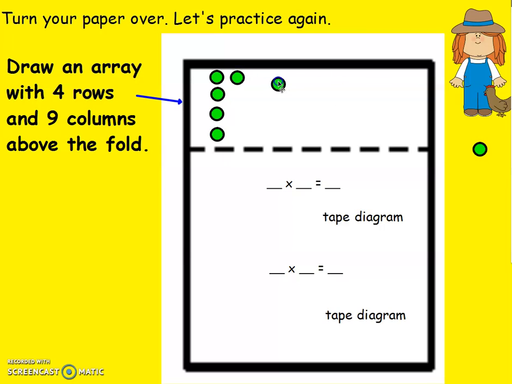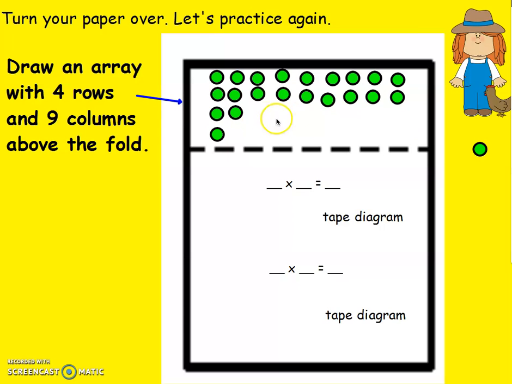So 1, 2, 3, 4, 5, 6, 7, 8, 9. Second row: 1, 2, 3, 4, 5, 6, 7, 8, 9.